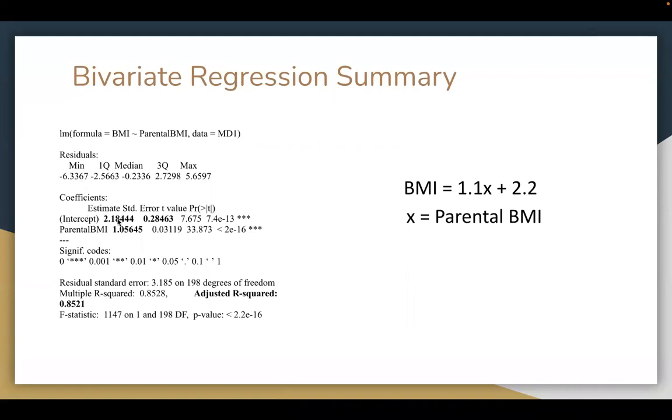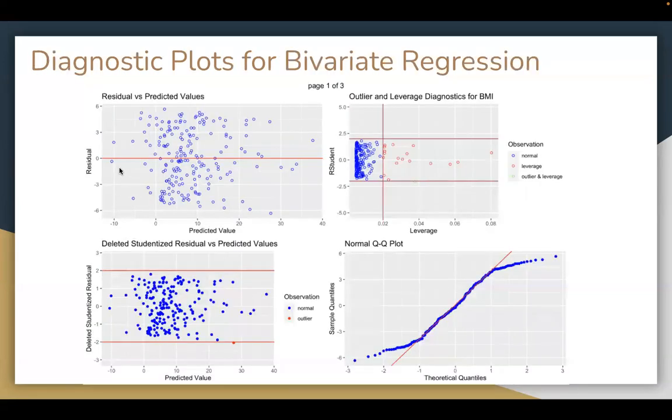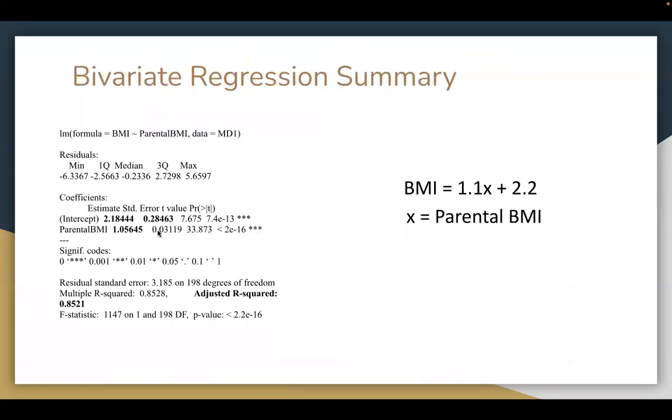One of the first things we're going to look at is this intercept here. So what would happen if our x is at 0, essentially? Our estimate is going to be about 2.18. And then for every unit of change in parental BMI, we expect about a 1.05 increase in BMI, but I'm just rounding it to 1.1.